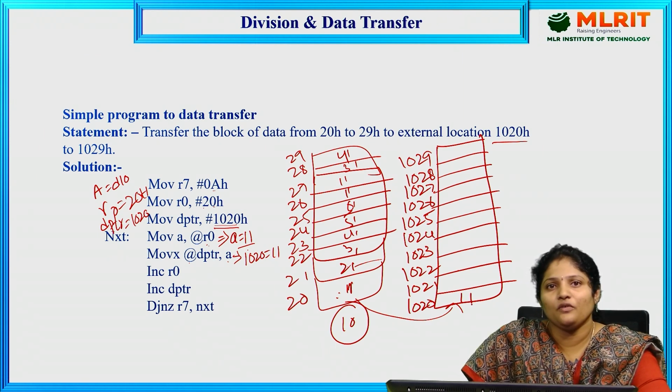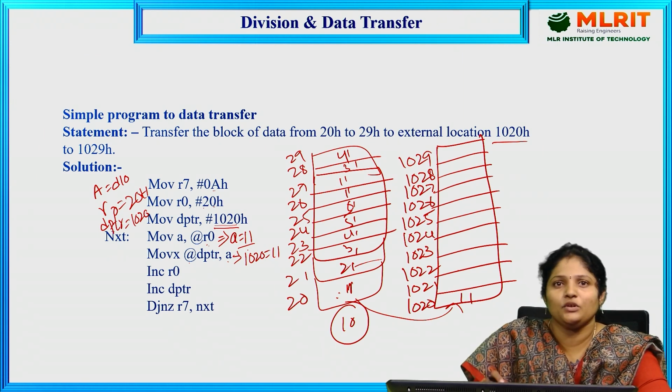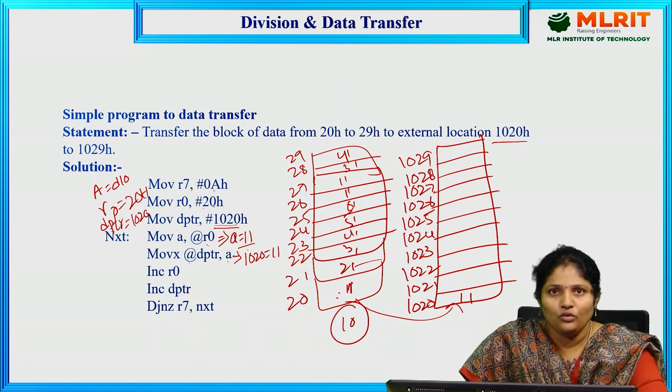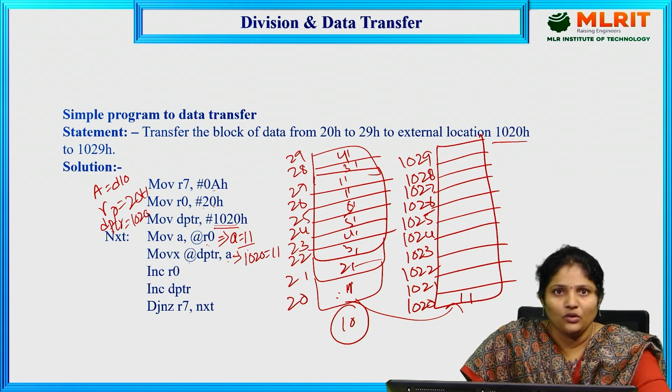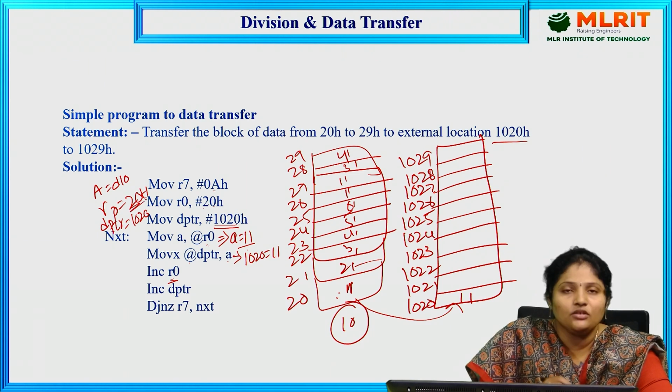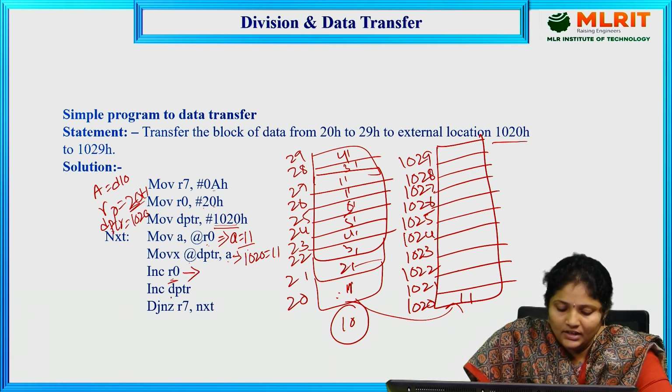Now we need to perform this 9 more times to transmit all 10 bytes. So I can keep one loop. It will repeat until the 10 bytes are over. So how? Next, what are we doing? Incrementing R0. We have R0 as 20. After incrementing, what will we have?